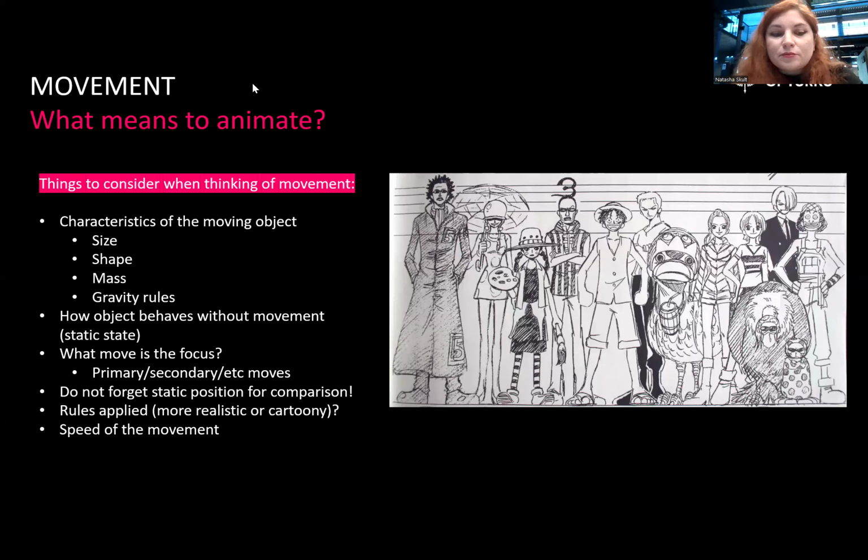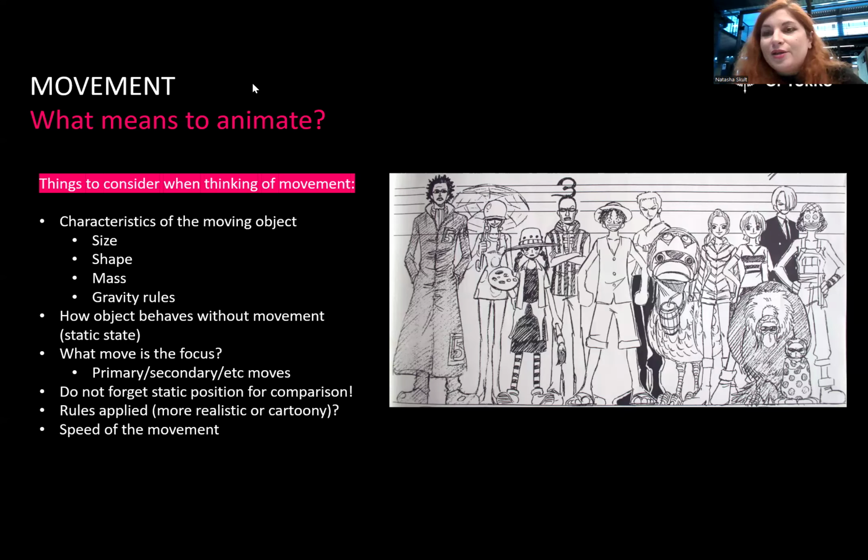And then there is the more literally cartoon style, which means breaking the rules of the real world. For example, if you have a character that runs, and there is a cliff, and it suddenly runs over the cliff, but only when it looks down, that's when it goes, oh, and then it starts falling.